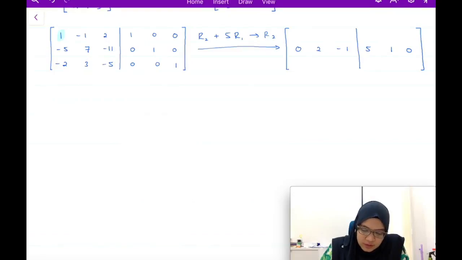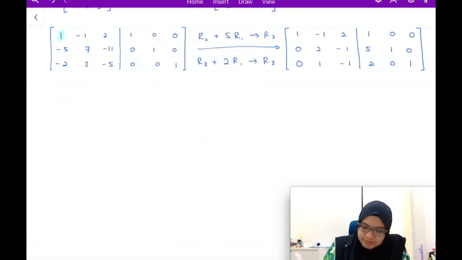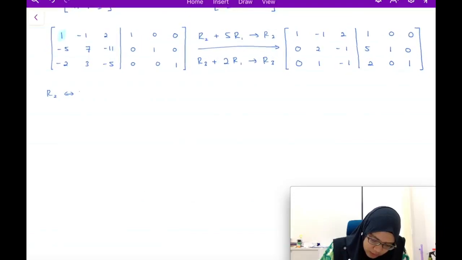Next, for row 3, we add 2 times row 1 and apply that to row 3. So we have 0, 1, negative 1, 2, 0, 1. And we just copy row 1. Next we interchange row 2 and row 3.